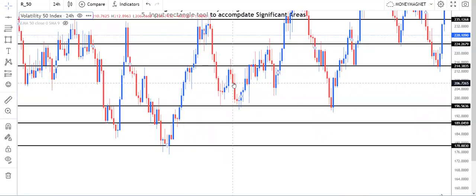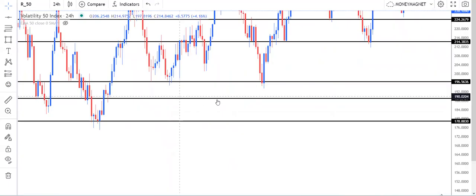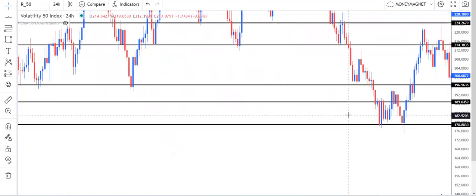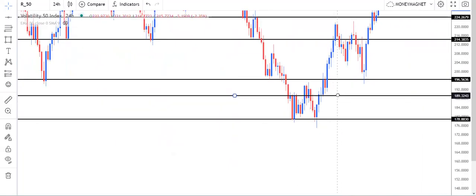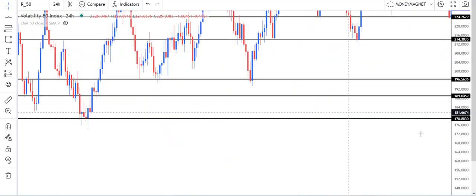But for the purpose of showing you best how to identify these levels, that's why I'm marking up as many levels with price touches as possible.